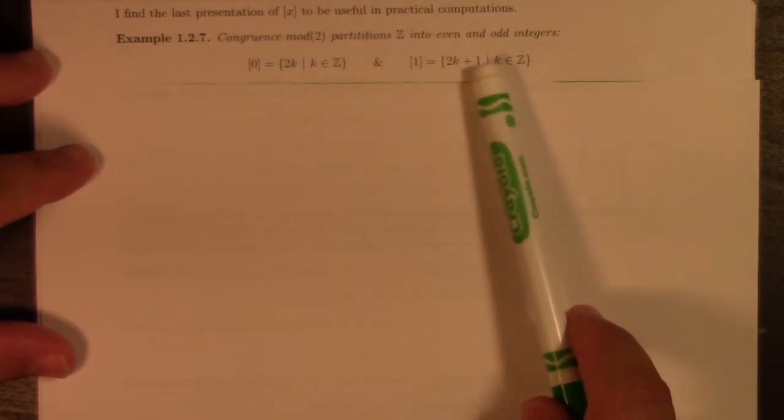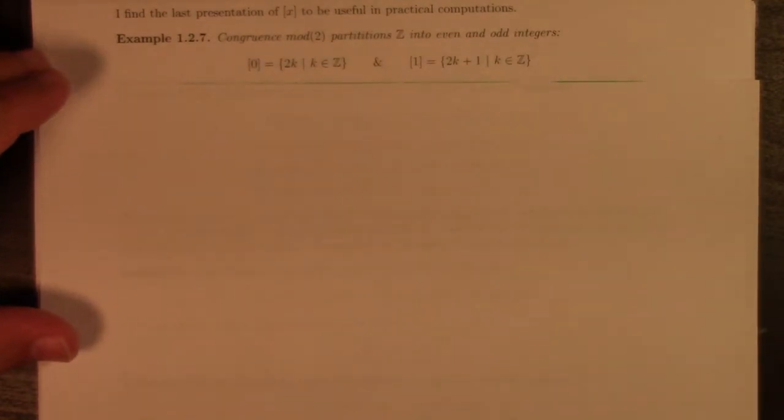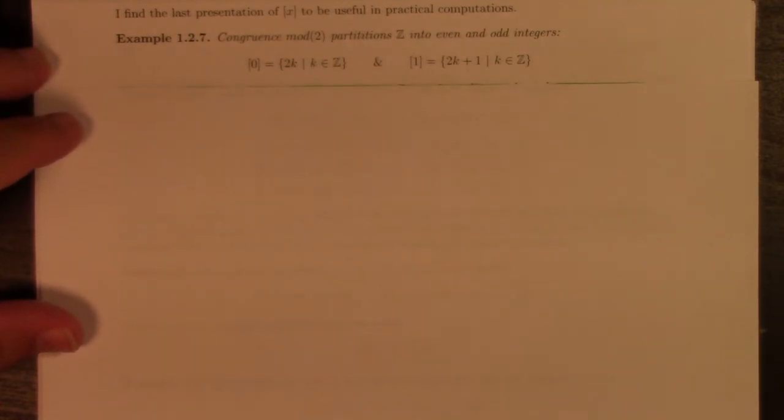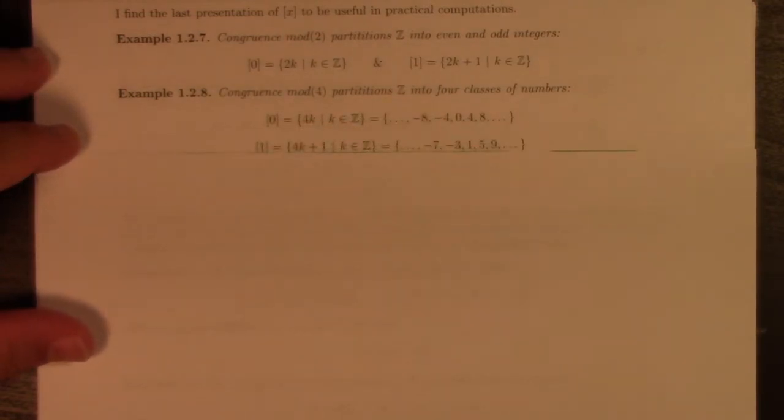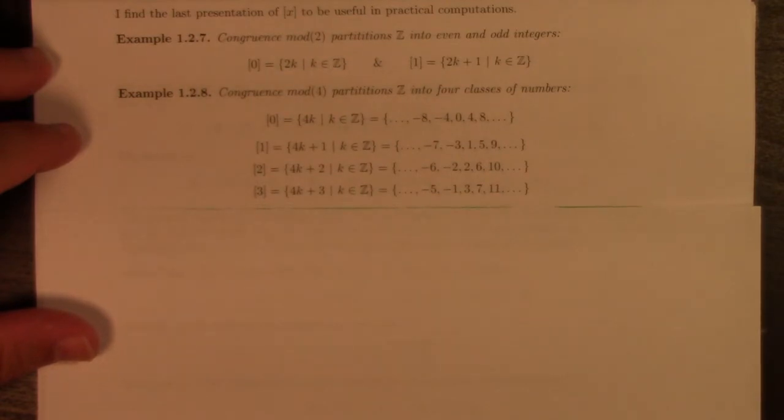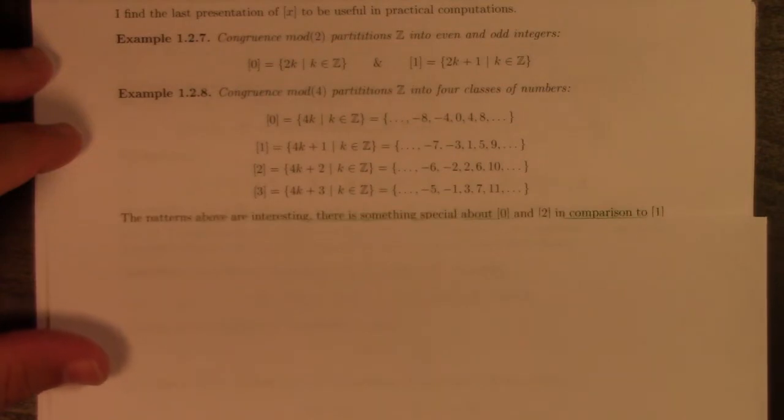And this, of course, is going to suggest the coset notation we'll get to in a second. But anyway, congruence mod 2 partitions the integers into even and odd. If we looked at congruence mod 4, we'd partition the integers into these four classes, things of the form 4k, 4k plus 1, 4k plus 2, 4k plus 3, right?